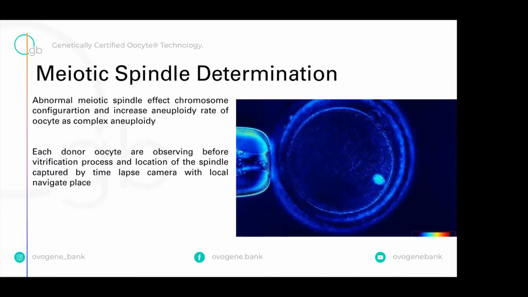Each donor oocyte we observe before the vitrification process, and the location of the spindle is captured by the time-lapse camera with a local navigate the place. For each donor oocyte we do that, but of course we share it with the customer depending on the request.